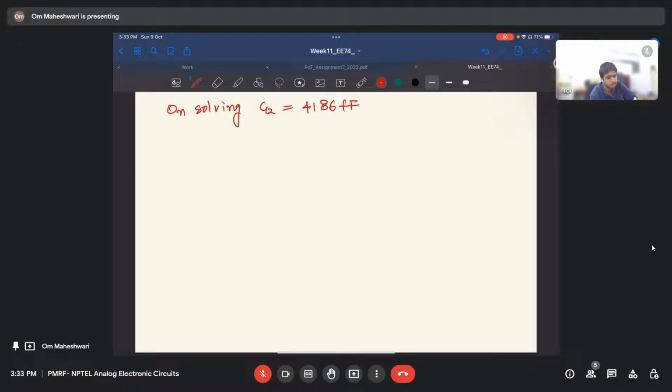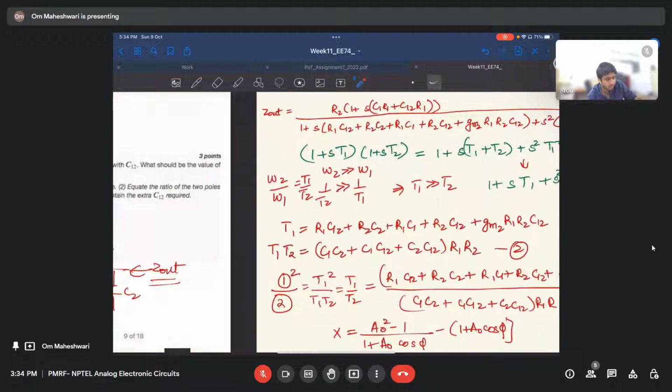Now, C12 equals C12 dash plus CC. So 4186 equals C12 dash plus CC. So CC is 4186 minus C12 dash, and this C12 dash is given in the question.